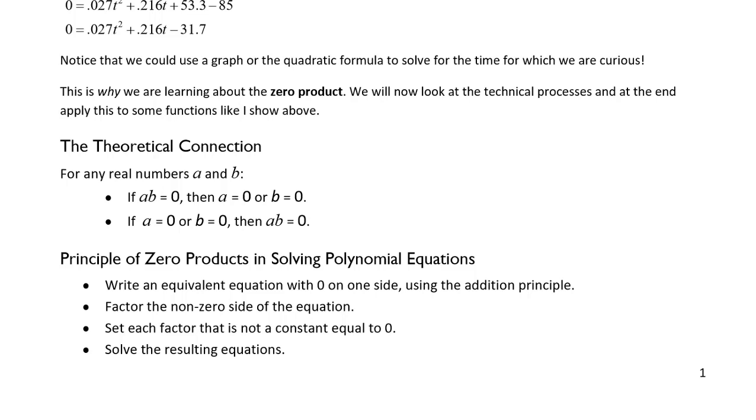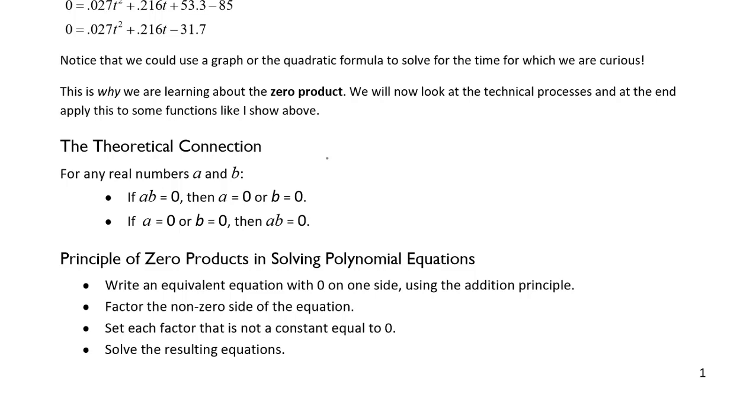So if a times b equals 0, then a has to equal 0 or b has to equal 0. There's no other way around it. If a equals 0 or b equals 0, then a times b will equal 0. And this will be true for all these different concepts about factoring.